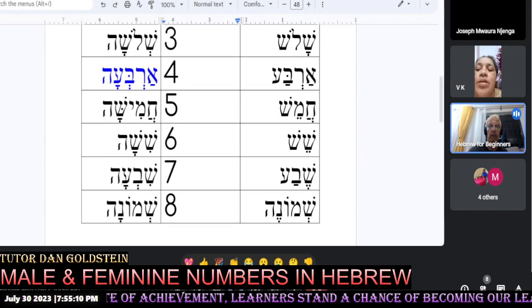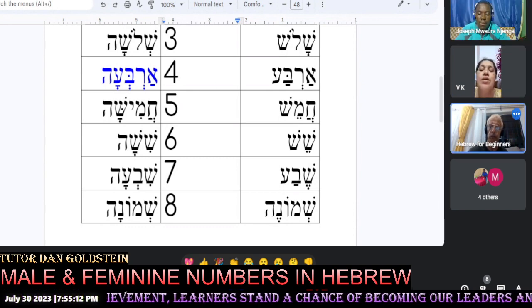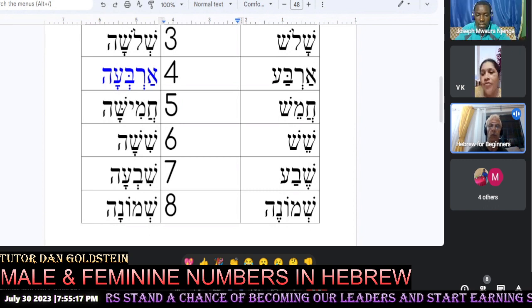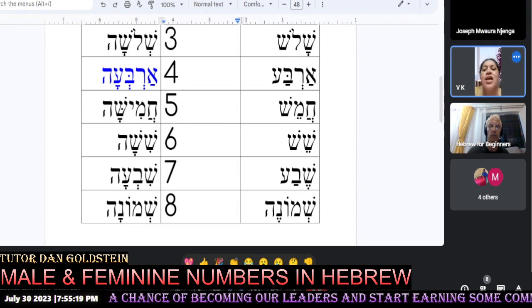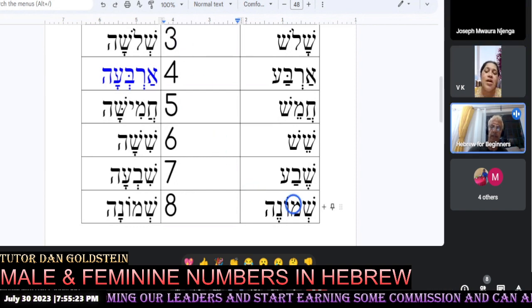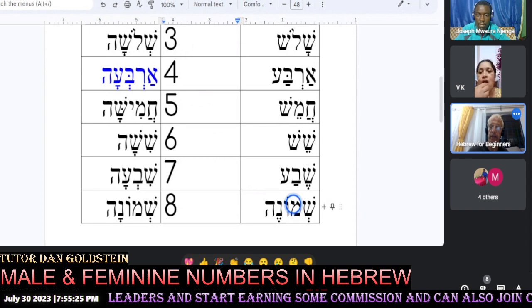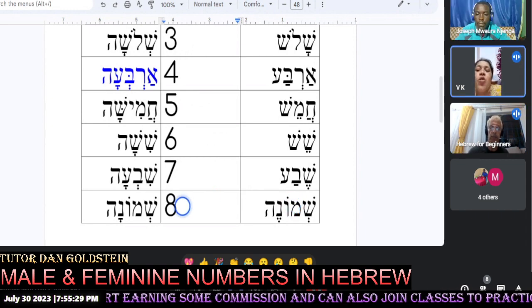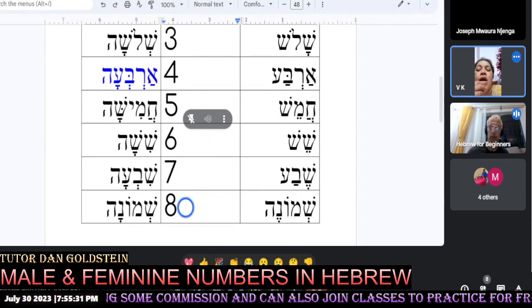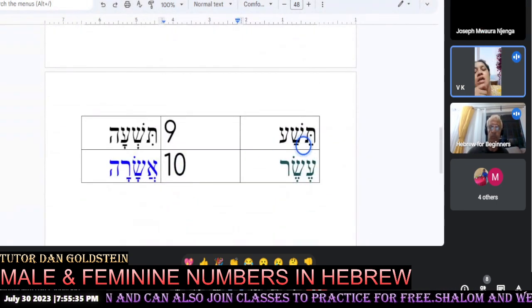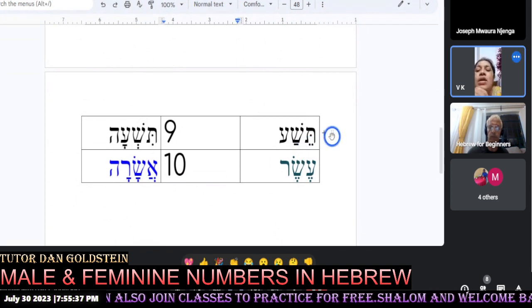And again, we can glide gracefully: shmone. Shmona. If it is three dots, sere, do we use it? The three dots is the segol. Shmone. Shmona. Okay.